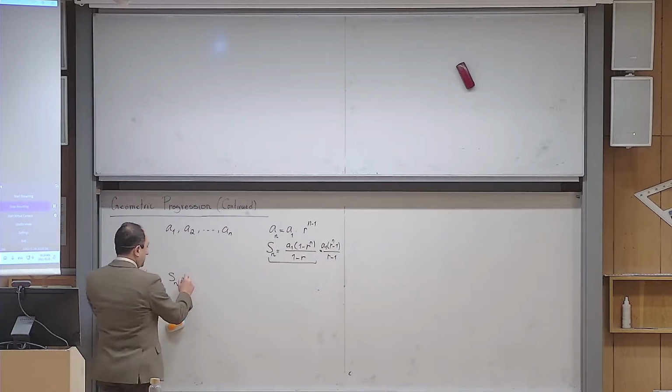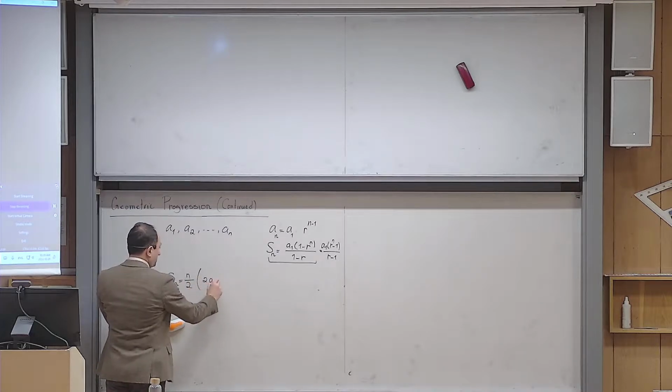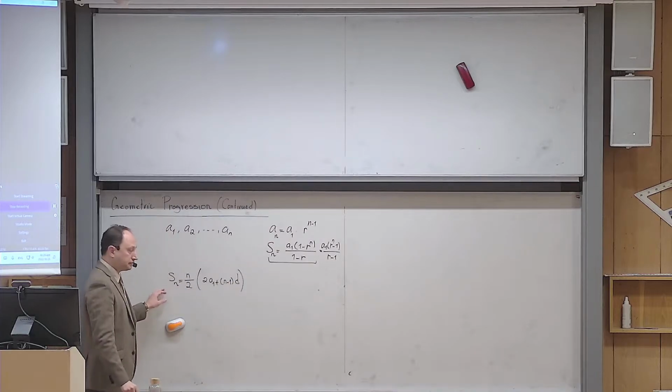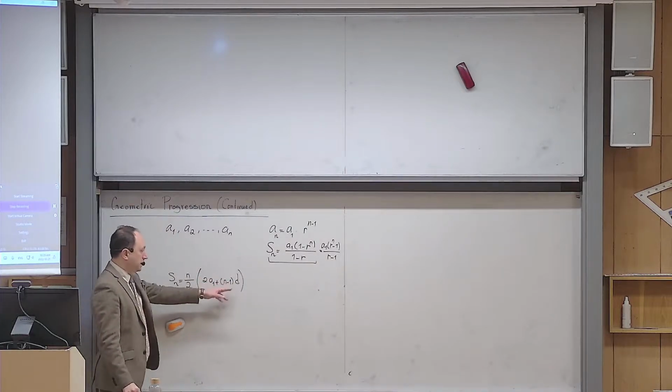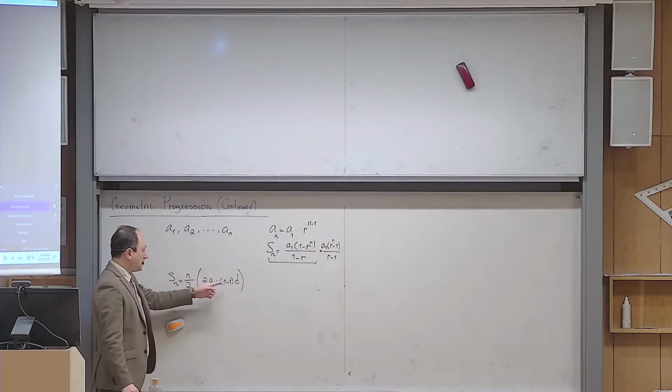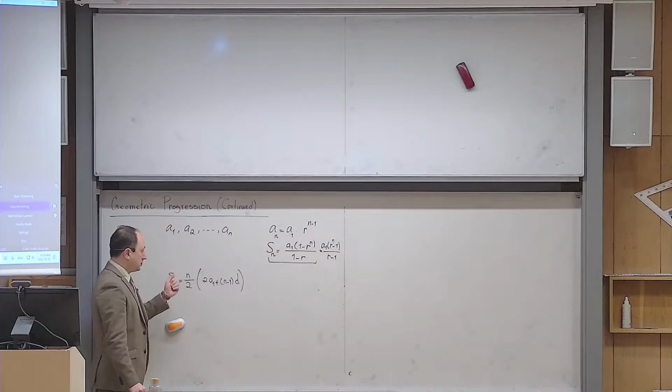The formula for Sn for an arithmetic progression was something like this. It was a1 plus an, but I wrote it in that way as well. So now you see what happens when I start increasing the value of n. a1 and d are fixed numbers for my arithmetic progression.